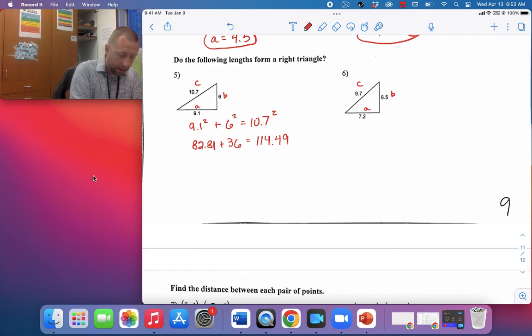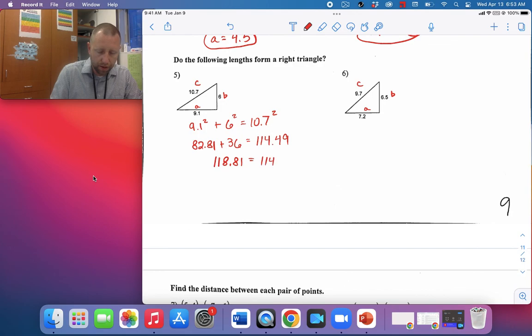So 82.81 plus 36 is 118.81. Set that equal to 114.49. And then I need to put a little not equal to sign in between those. Those aren't the same amount. They do not equal each other. Okay, so this is not a right triangle.